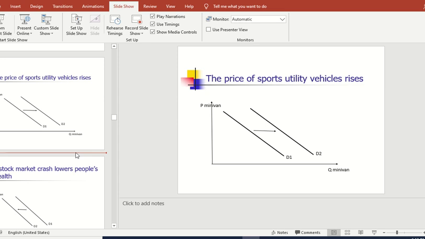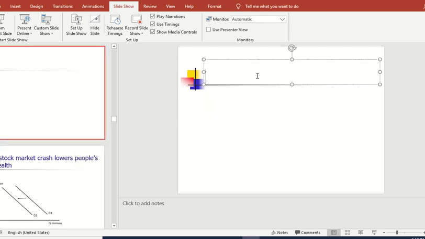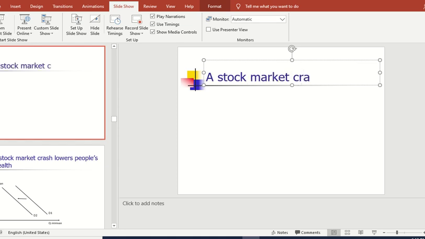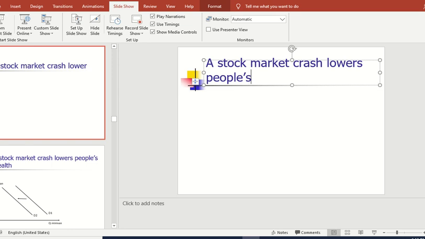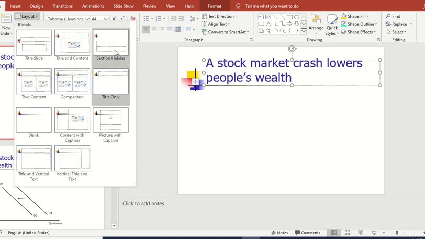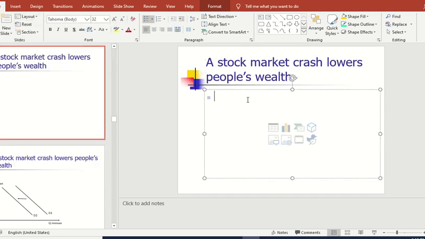So once again, let's look at the last question. A stock market crash lowers people's wealth. The determinant that is most relevant here, we can put wealth, or if you prefer, you can also put income. Both are acceptable.